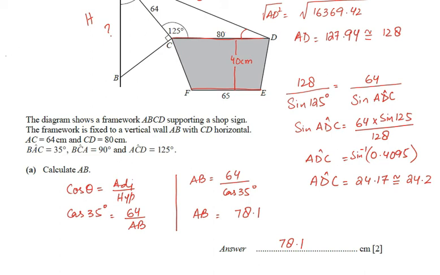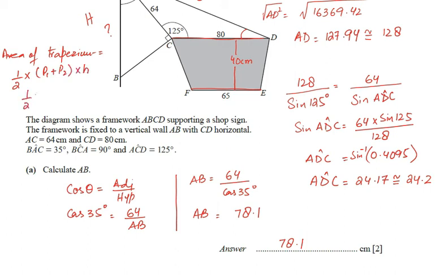If we apply the formula of the area of a trapezium, it is equal to 1/2 multiplied by the sum of the parallel sides multiplied by the height of the trapezium.